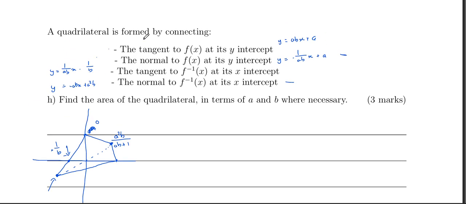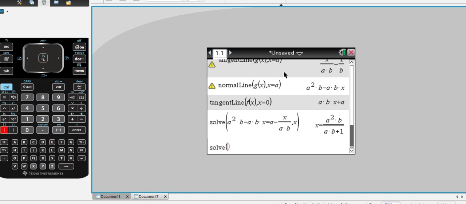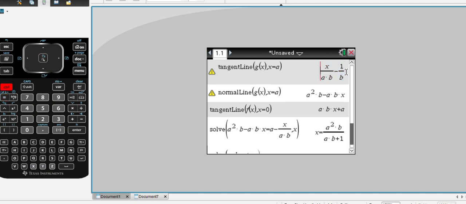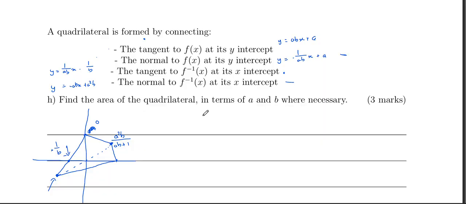So the intersection of this tangent and this tangent. That's going to be: solve ab times x plus a equals this. And we get a over 1 minus ab.